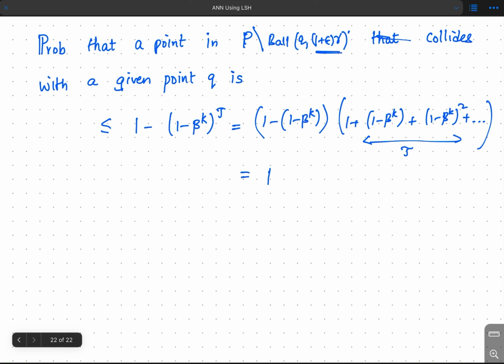This will be less than or equal to beta to the power k times tau, because we can upper bound each of these to be less than or equal to 1. We fix tau to be 4 by alpha to the power k, so this will be 4 times (beta by alpha) whole power k.